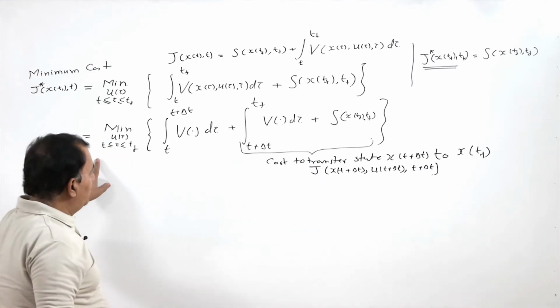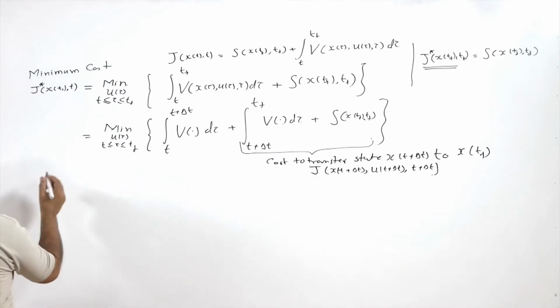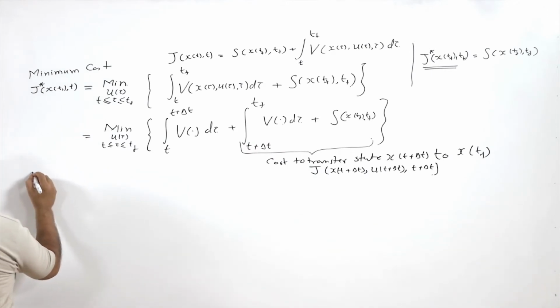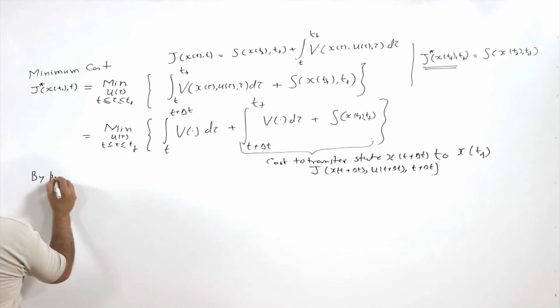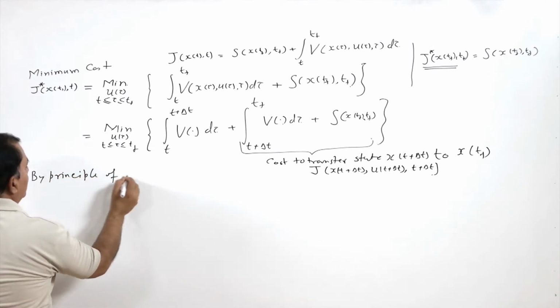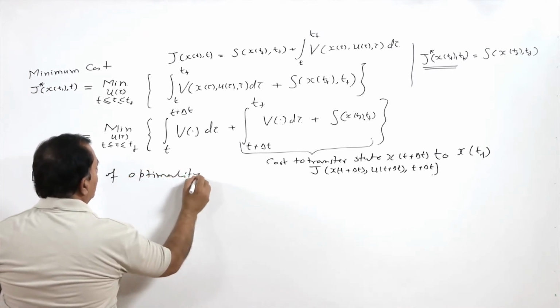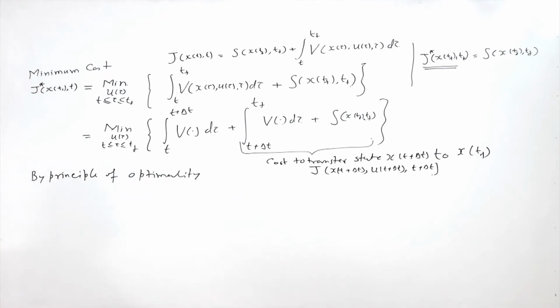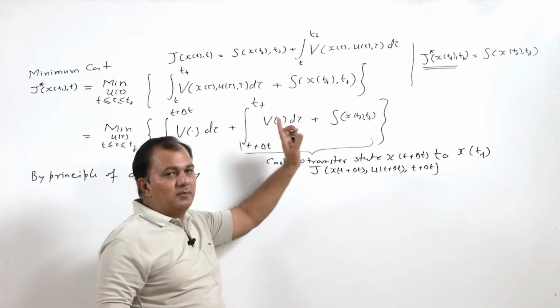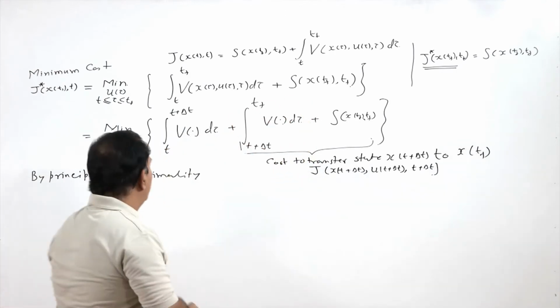So, if I apply the principle of optimality, if this cost is minimum, I can assume this cost to be the minimum.